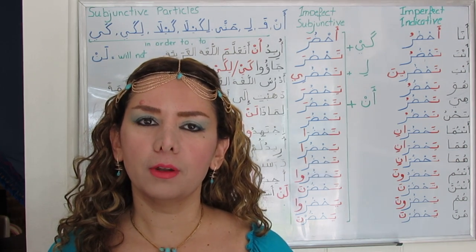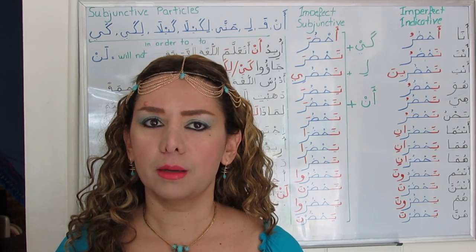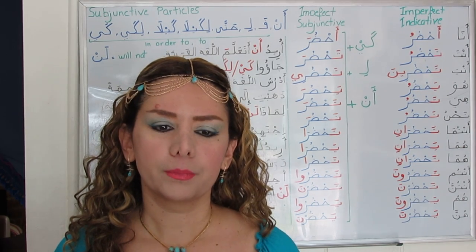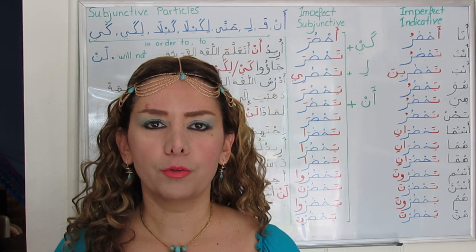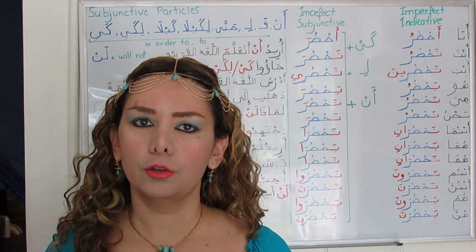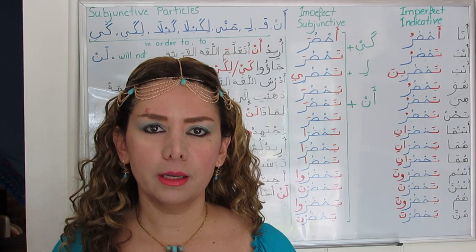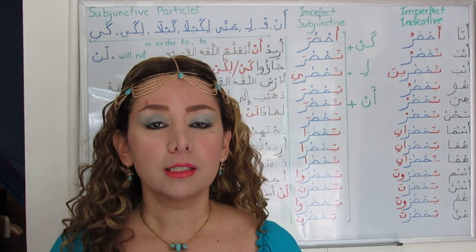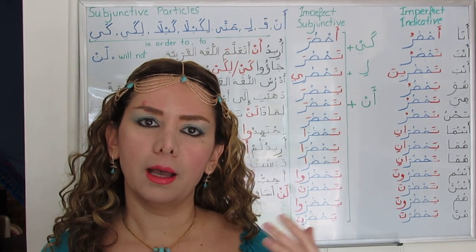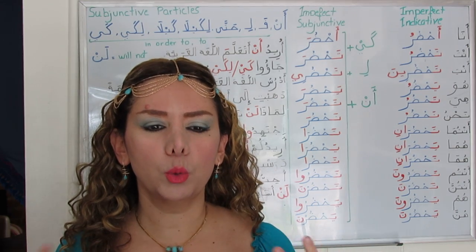Arabic verbs inflect for the following grammatical categories: subject agreement in person, gender, number; tense: perfect or past, imperfect or present, future; mood: indicative, subjunctive, jussive, which applies only to the present tense; voice: active, passive, المعلوم, المجهول.